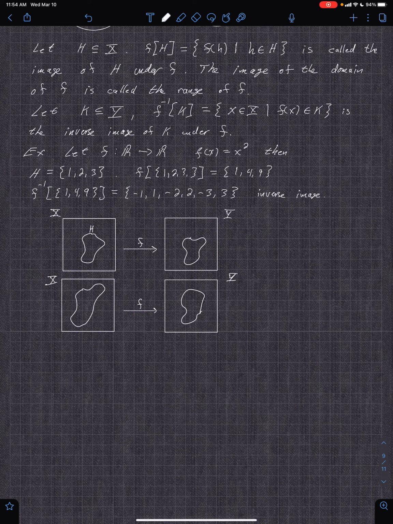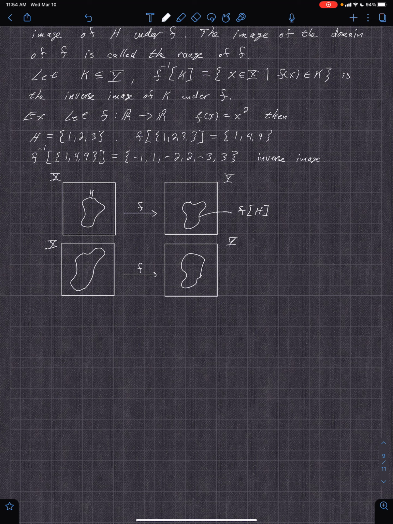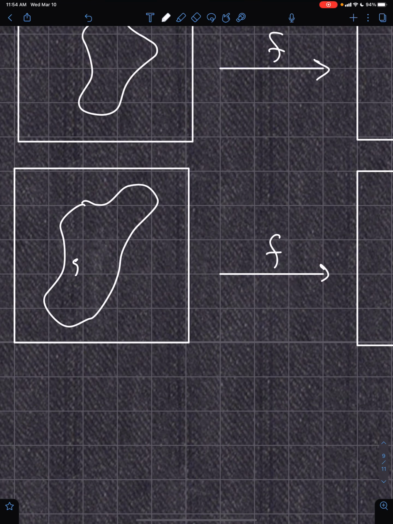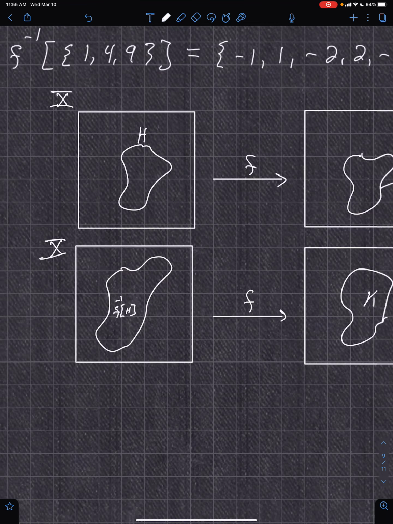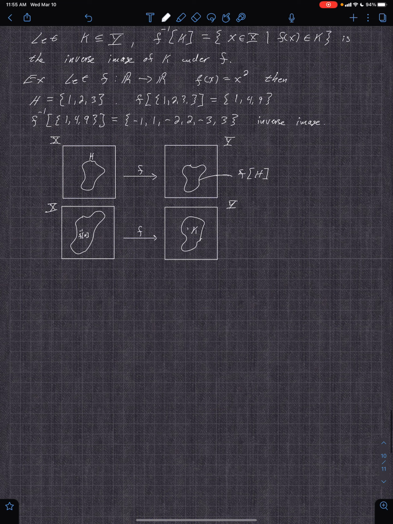And so if this is H here, then this set is your f of H. That's your domain. And then similarly, if this is your set K and you go back, then this is the inverse image of H. So this is going back to here, this is going to here.